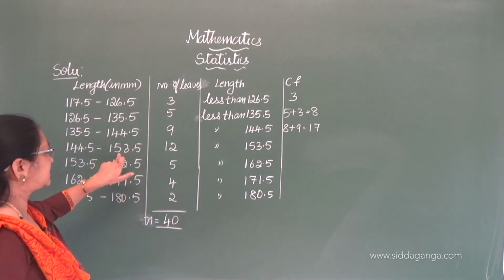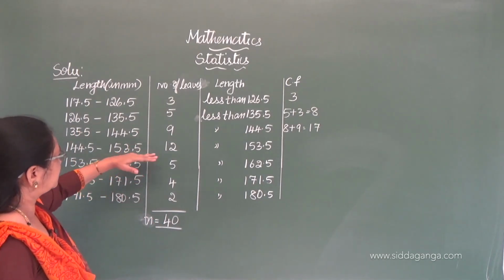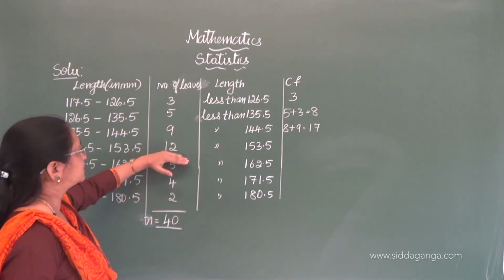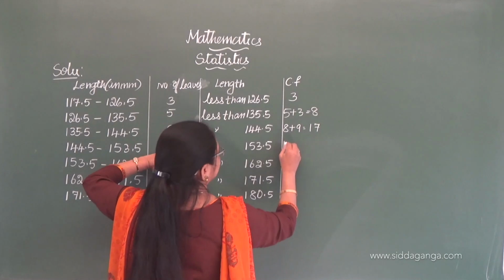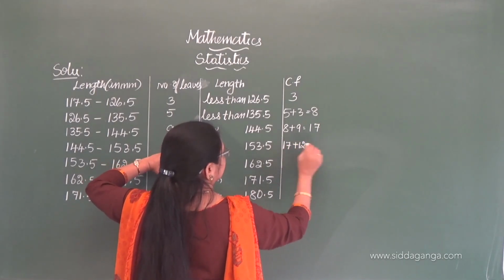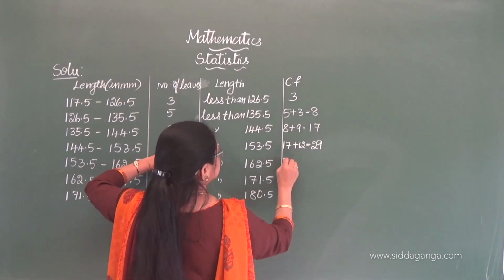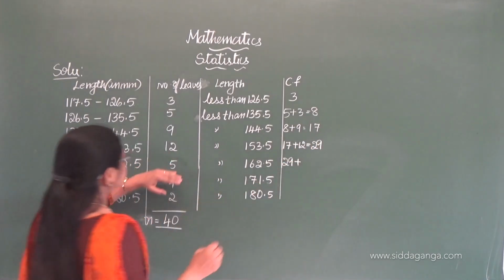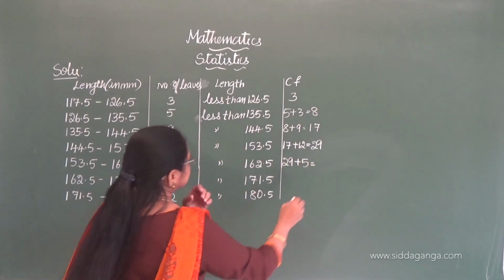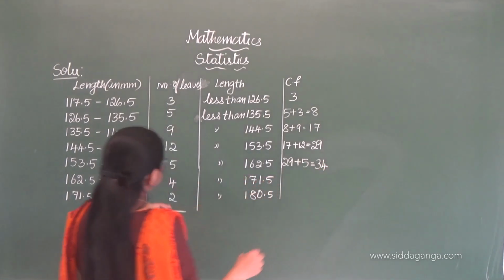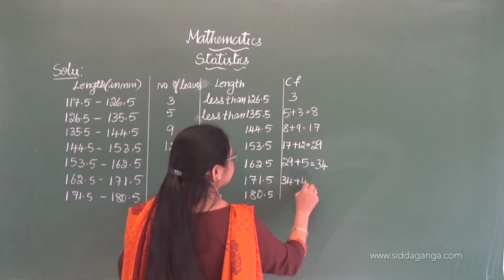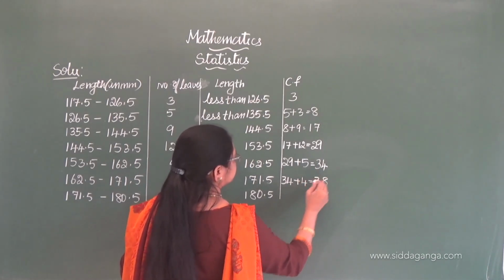Next, less than 153.5. So, till here all the observations will come under that group, correct? So, for 17, if you add 12, 29. Next, 29 plus 5, 34. Next, 34 plus 4, 38.